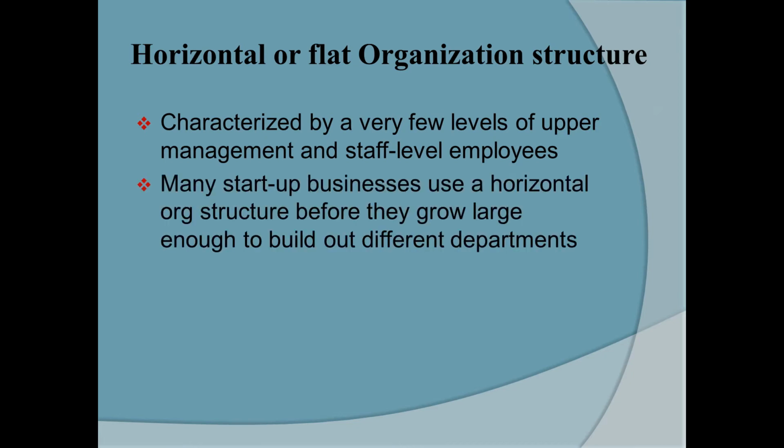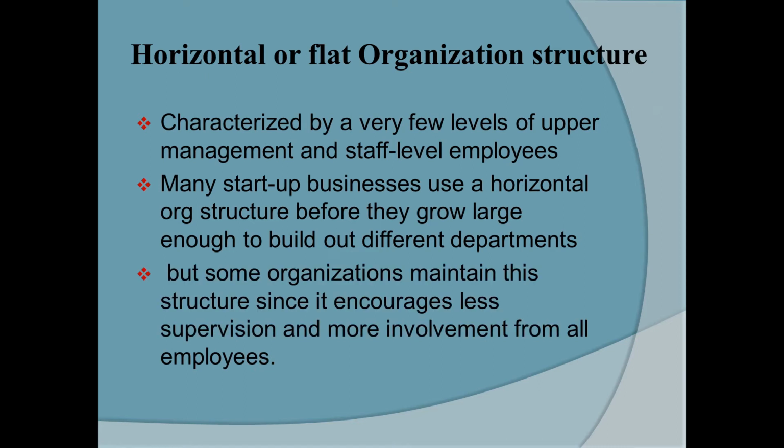Many startup businesses use a horizontal organizational structure before they grow large enough to build out different departments. But some organizations maintain this structure since it encourages less supervision and more involvement from all employees.